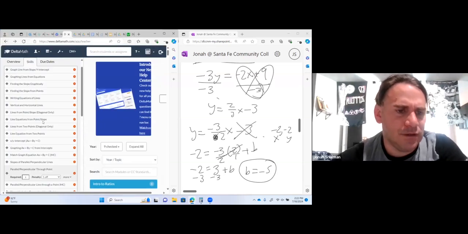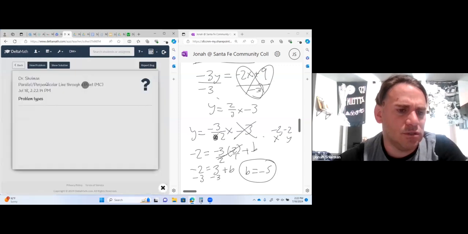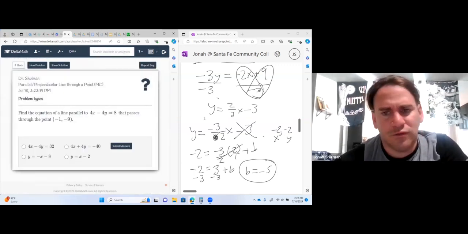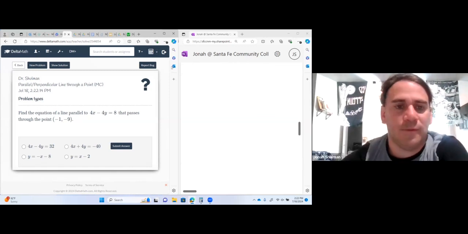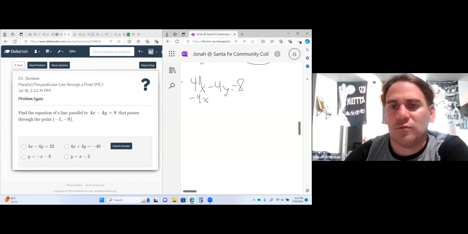All right. We are up to multiple choice. Find an equation of a line that's parallel to this and through this point. So it's basically the same problem, but now it's parallel. 4x minus 4y equals 8. We minus the 4x from both sides.